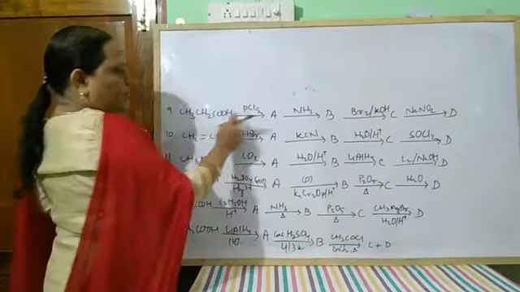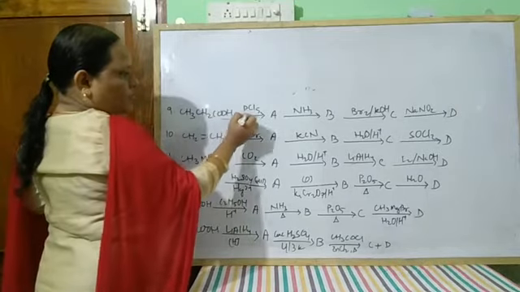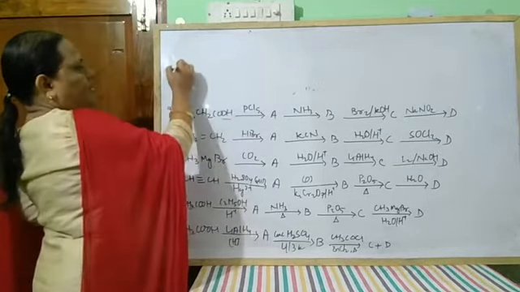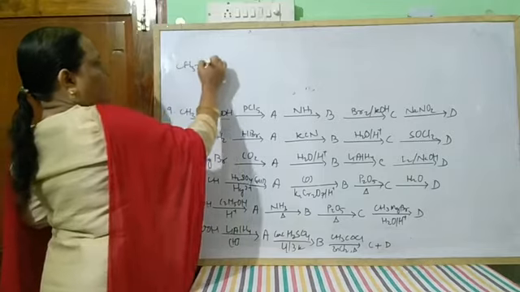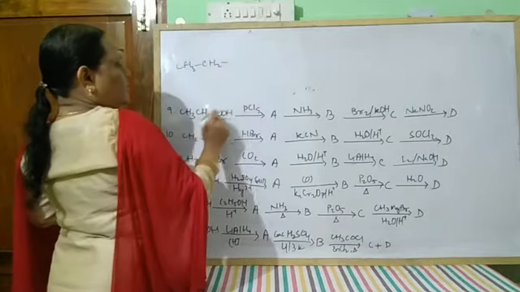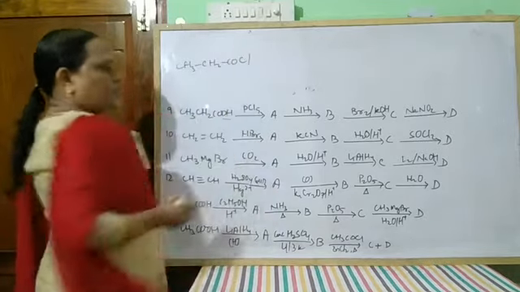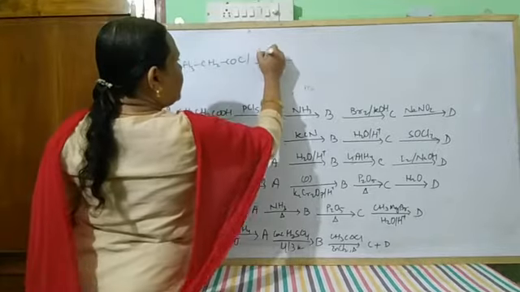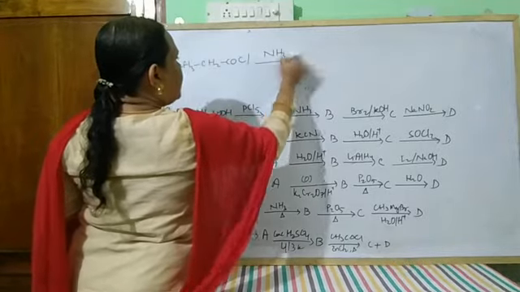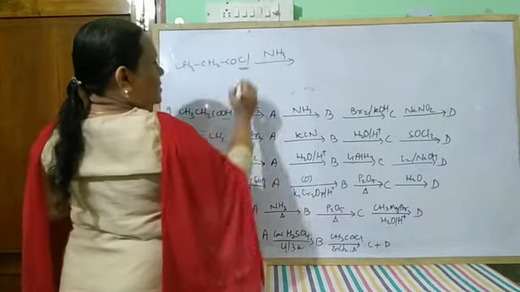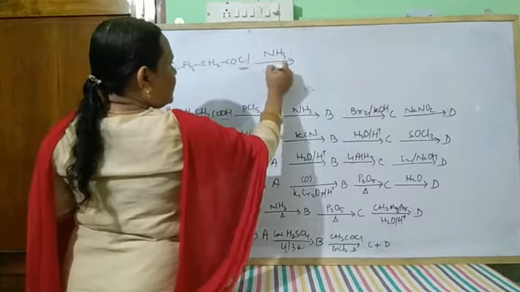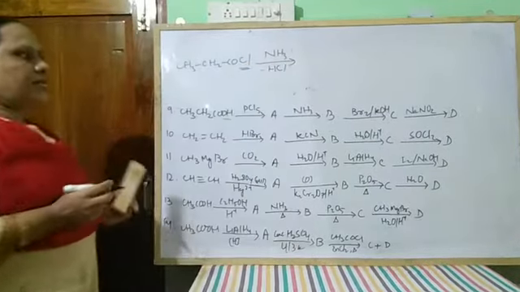Again, it reacts with PCl5. So this OH group is replaced by chlorine. Hence A is CH3CH2COCl. Then when it is treated with ammonia, this Cl is replaced, minus HCl. Again it forms an amide.